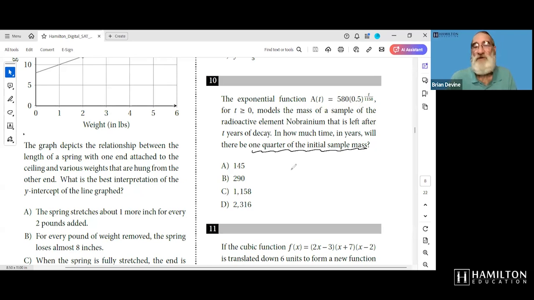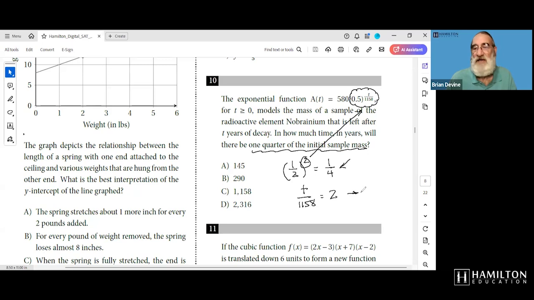Well, what they wanted was, if I take 0.5, which is 1/2, and I square it, I will get 1/4. And so this thing here will equal 1/4 whenever the exponent equals 2. So I must have that t over 1158 equaled 2 in order for me to get 1/4 of the original sample.